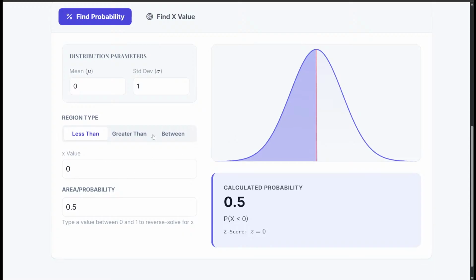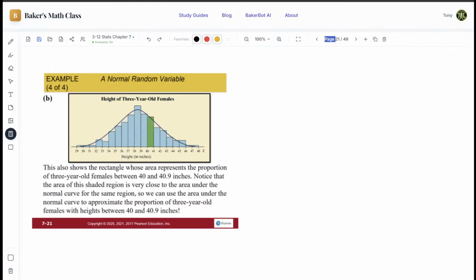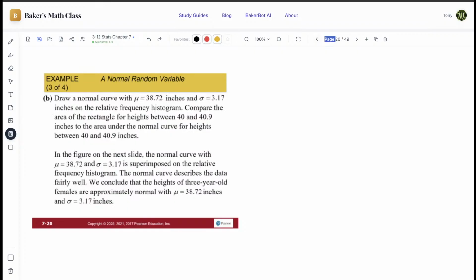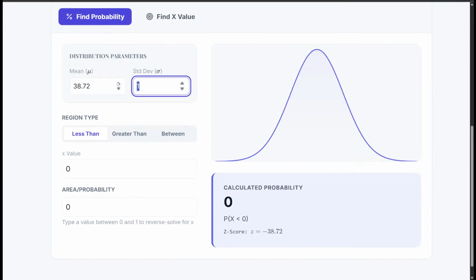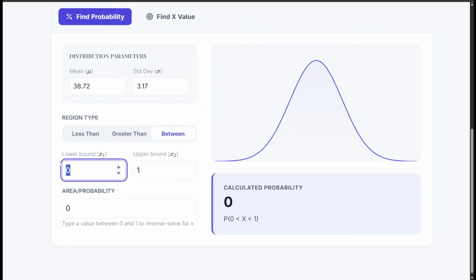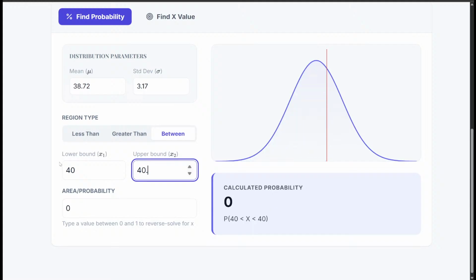All right, so here's my bell curve, and my mean was 38.72. And standard deviation was 3.17. And we were looking between 40 and 40.9.